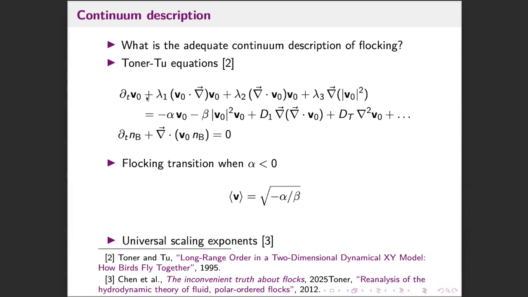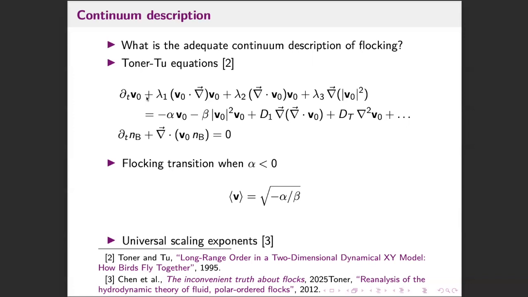And a lot of the developments in this equation were related to universal scaling exponents. So there was some sort of fixed point that people believed to be there, but then they changed their mind. There's been a lot of discussion in the community and also numerical simulations to try to figure that out.